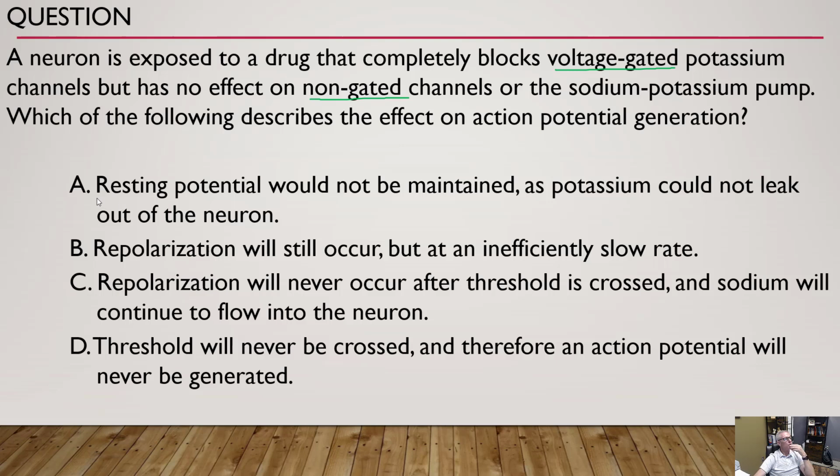Resting membrane potential would not be maintained as potassium could not leak out of the neuron. But with a drug that blocks voltage-gated potassium channels, we have already reached threshold and depolarized the membrane. So A would be out, because we've already done resting membrane potential, threshold, and depolarization.